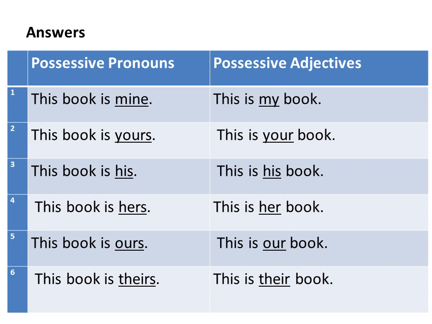Number 3, this book is his, this is his book. Number 4, this book is hers, this is her book. Number 5, this book is ours, this is our book. And number 6, this book is theirs, this is their book.